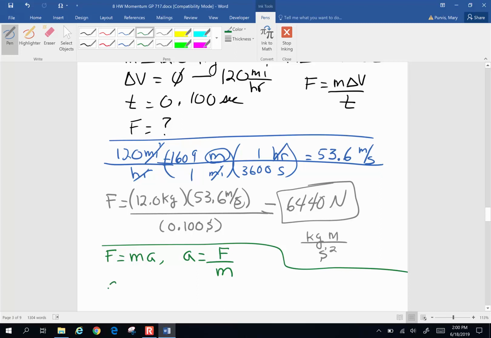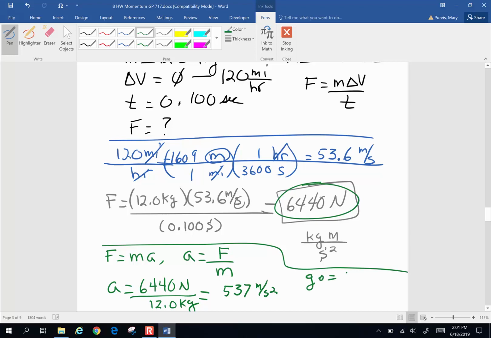So the force on the child is the 6440 newtons, rounded off for sig figs, divided by the mass of my 12 kilogram child. This is 6440 divided by 12, and I ended up with 537 meters per second squared.